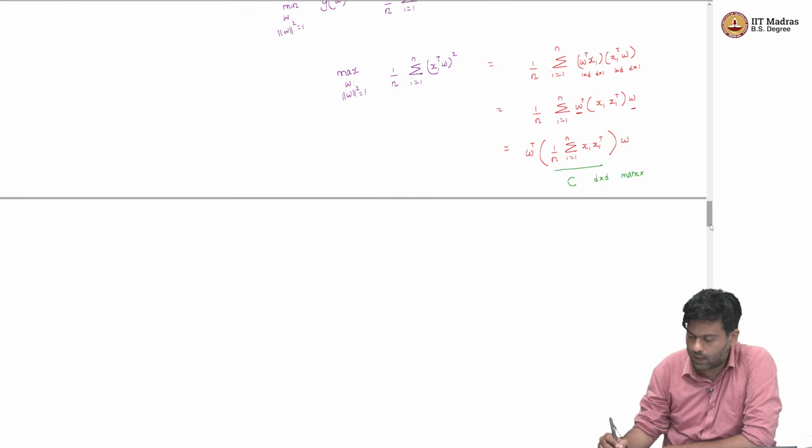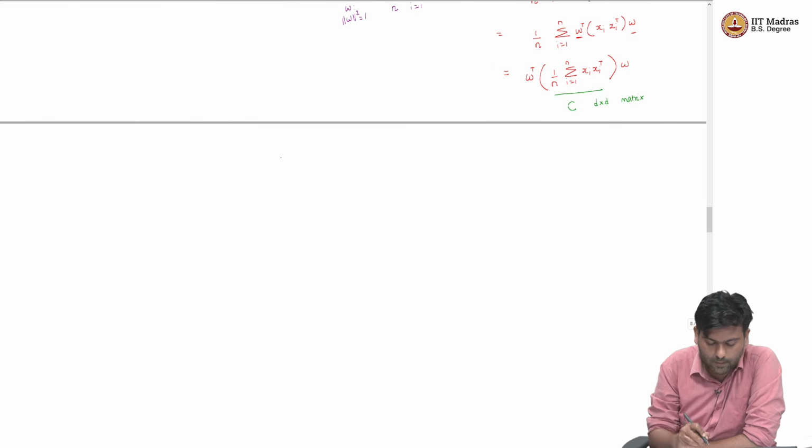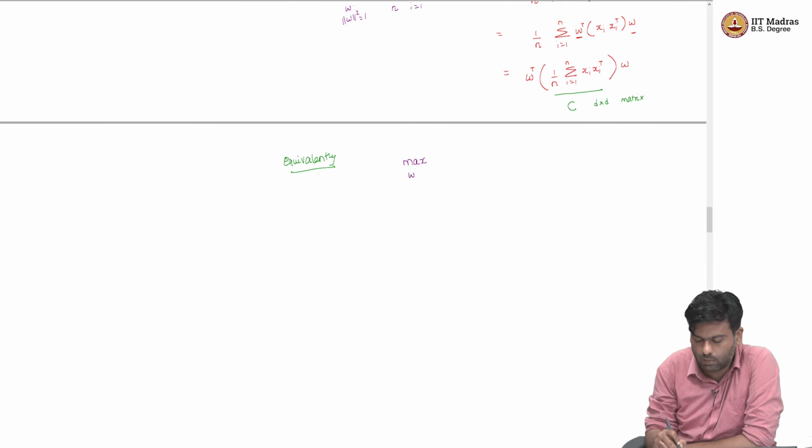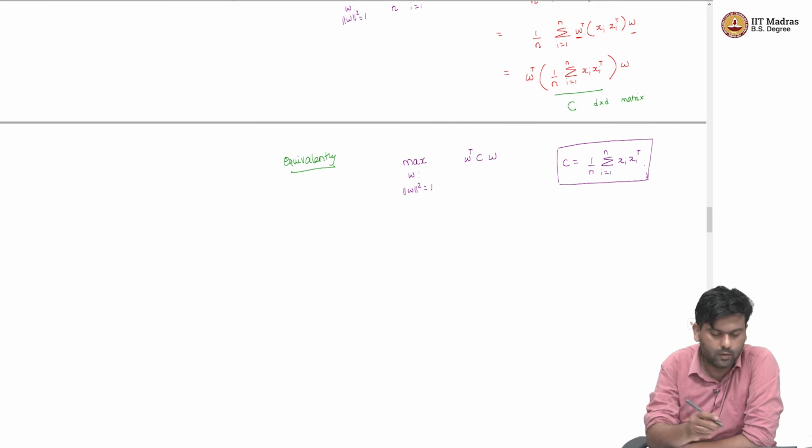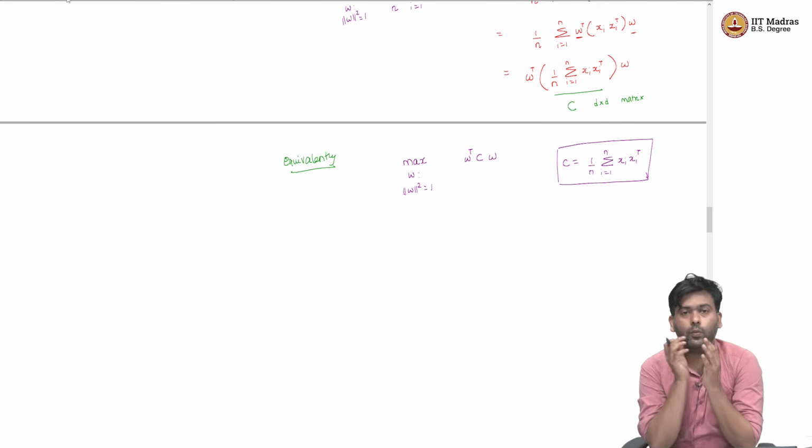So essentially what we are saying is that equivalently, the problem that we can solve to achieve our objective is the following. We can maximize over W such that norm of W squared is 1, W transpose C W, where C is 1 over n sum over i equals 1 to n xi xi transpose.